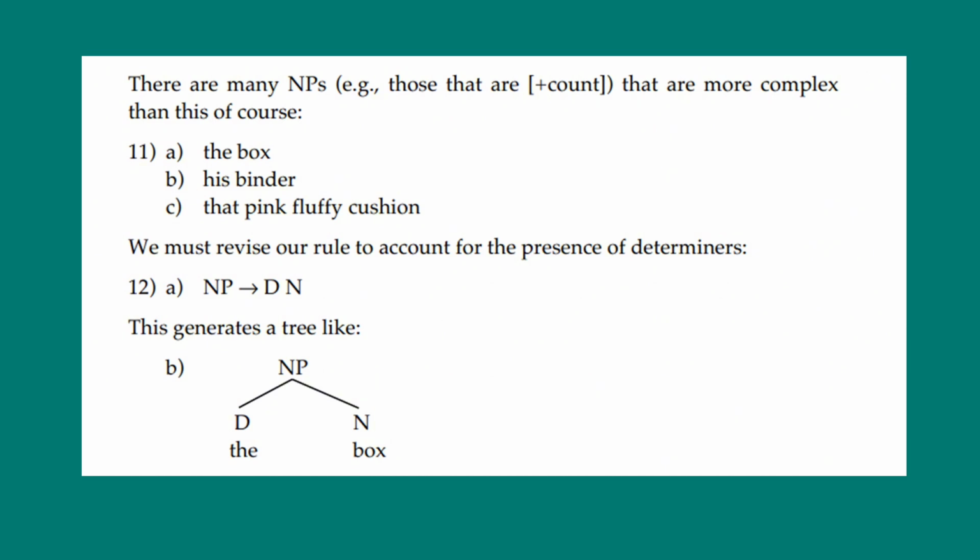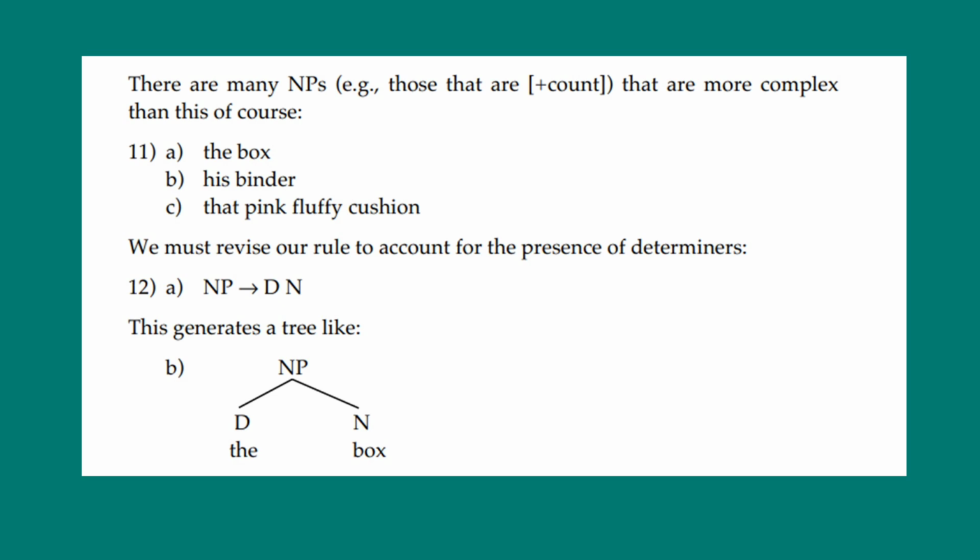A. The box, B. His binder, C. That pink fluffy cushion. We must revise our rule to account for the presence of determiners.